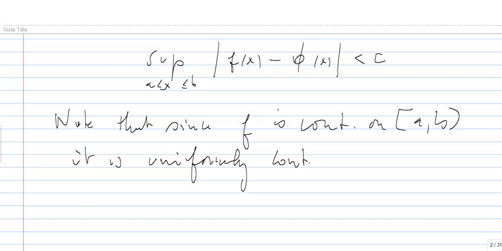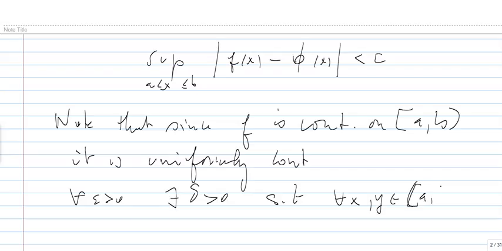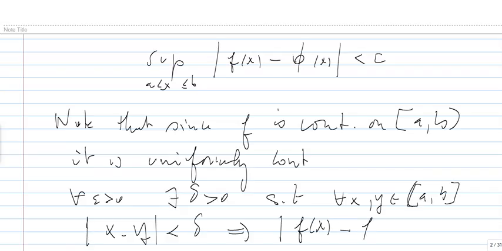So for every epsilon, there exists delta such that for any x and y in [a, b] such that |x - y| is less than delta, we have |f(x) - f(y)| less than epsilon. So uniform continuity will help us a lot here.